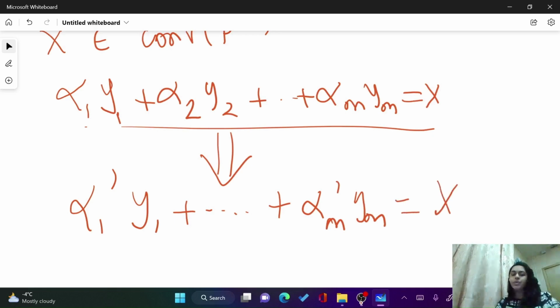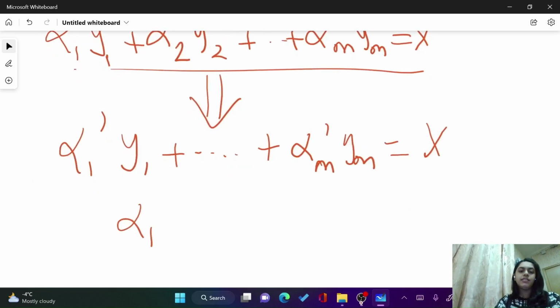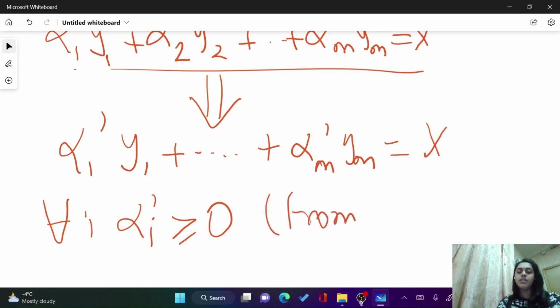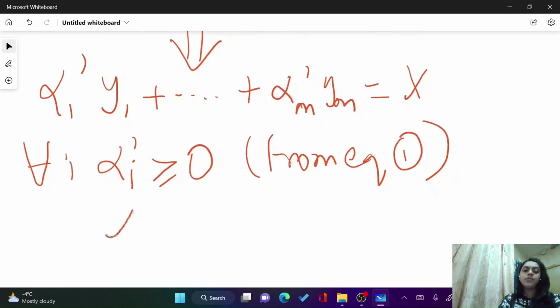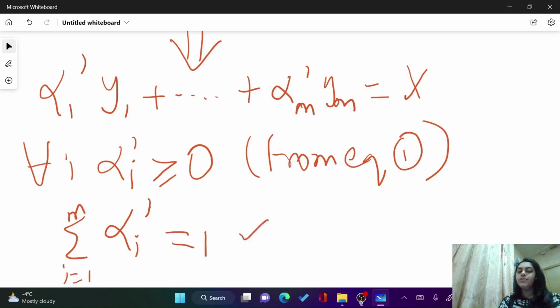We did that too, such that alpha dash for all I is greater than or equal to 0. We also proved this from equation 1. And we also wanted to prove that the summation of alpha dash is equal to 1, and we proved this fact as well.